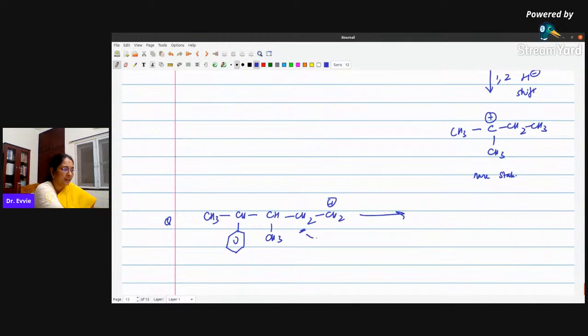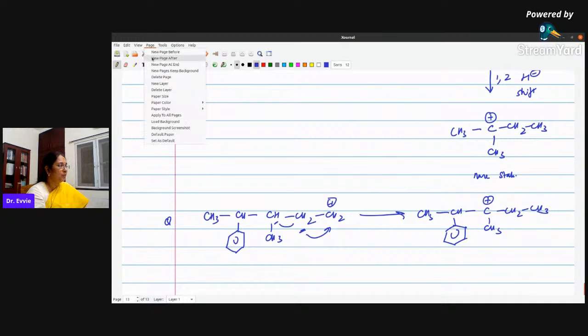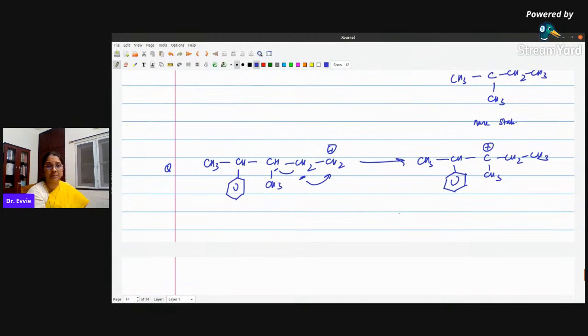So this hydrogen can come here. Then this hydrogen can come here, okay? Now, you will have two things in mind. Whether it can be CH3, C plus, CH2, CH3. Either this can form, or will it move another step?